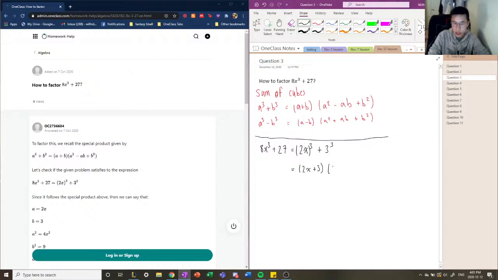So it's going to be (2x) squared, so it's 4x squared, minus a times b, so 2x times 3, which is minus 6x, and then b squared, so plus 9. Okay? So this is how we write it. This is how we factor any sum of cubes.